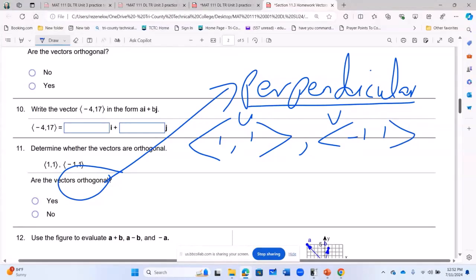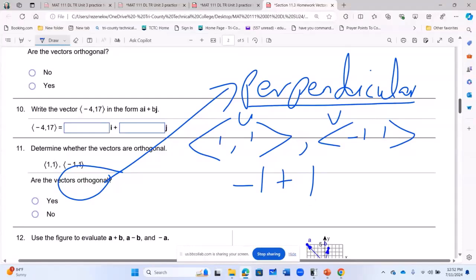I multiply. 1 multiply -1 is -1. And by the way, this should be plus. The dot product of two vectors is a scalar. 1 multiply 1 is 1.